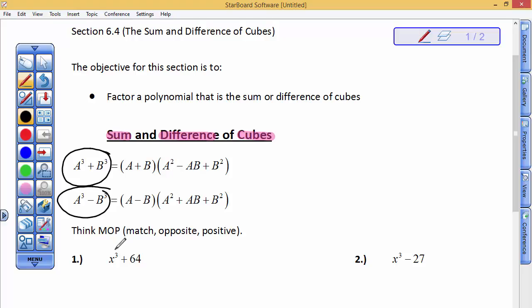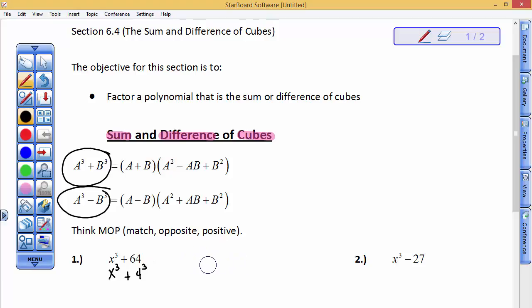So see this x cubed plus 64? I'm going to have you think of this as x to the third plus 4 to the third. Because 4 to the third means 4 times 4 times 4, and 4 times 4 is 16, and times 4 again is 64. So I'm going to successfully turn this 64 into something cubed.